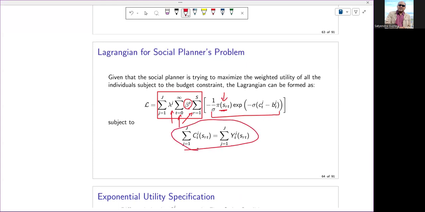So consumption is equal to the income in each state. It is also important to see that consumption or income from one possible state cannot be transferred to another state, right? For example, say we are talking of monsoon, there are three possibilities.